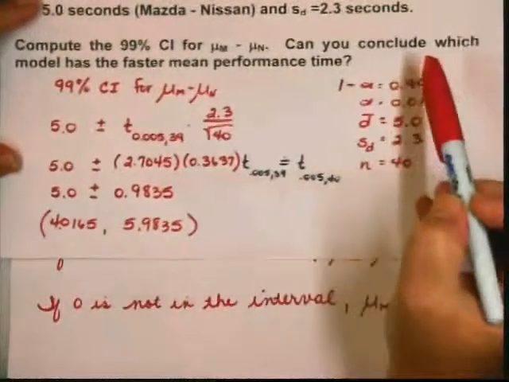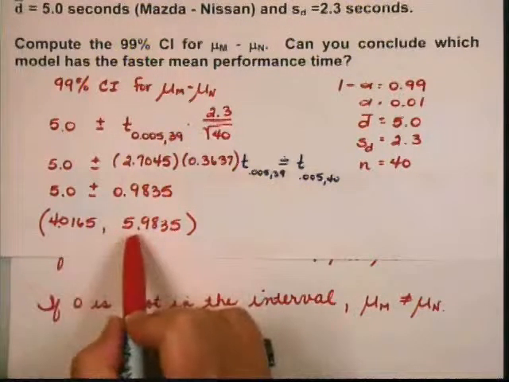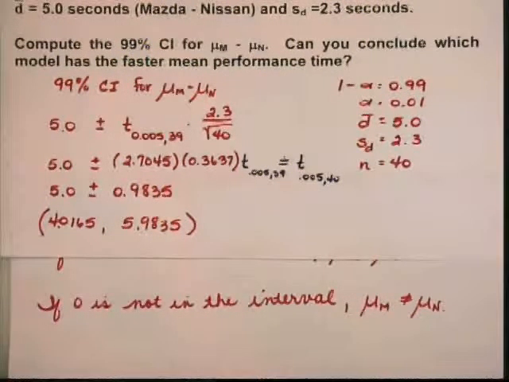Now let's answer our question up here at the top. Can you conclude which model has the faster mean performance time? Be careful. All right? This interval does not contain 0. This interval is entirely positive. So what does that tell me about the two means? They're different.